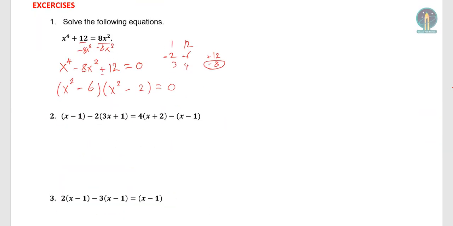So we'll have x minus square root of 6, x plus square root of 6.